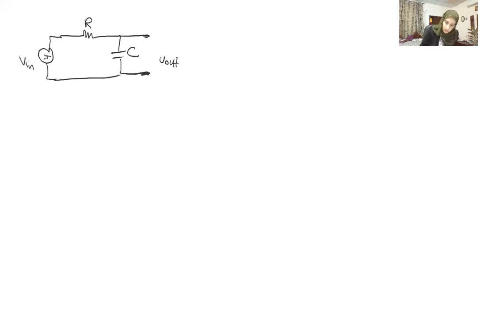For example, if you still have the same RC circuit, with V out here and a V input applied here, remember that the impedance seen for a capacitor is 1 over SC, where here S can be assumed to be j omega, in the case when our input and output signals are sinusoids.